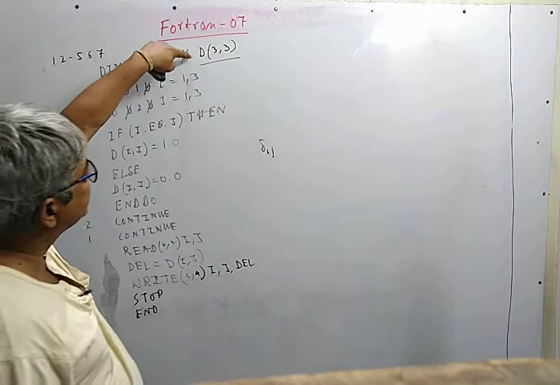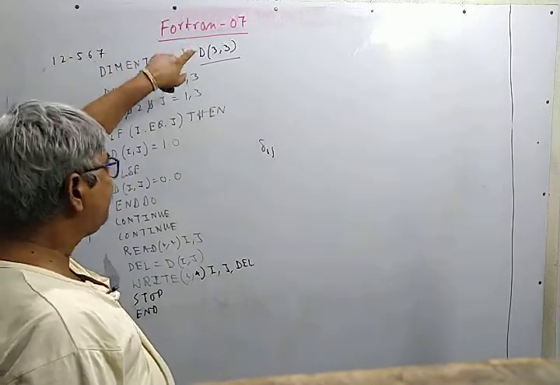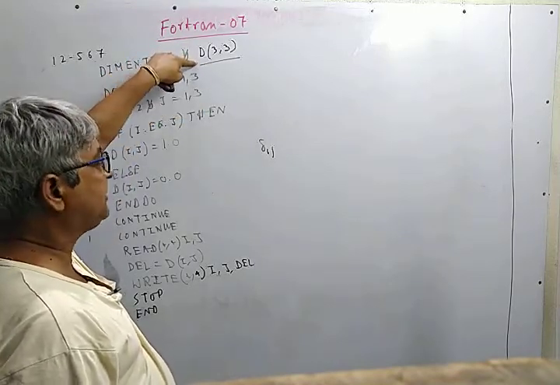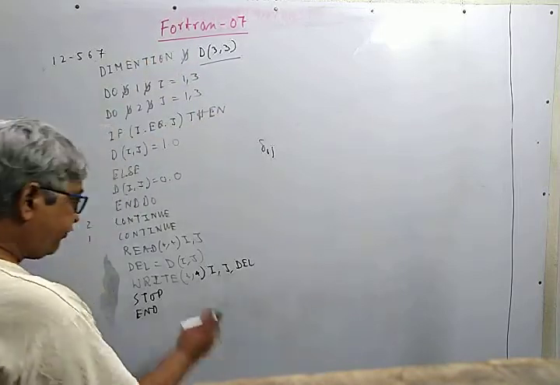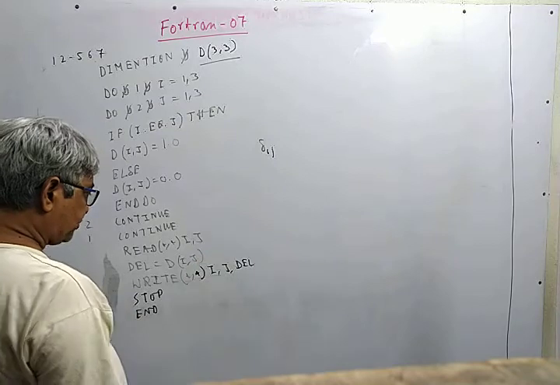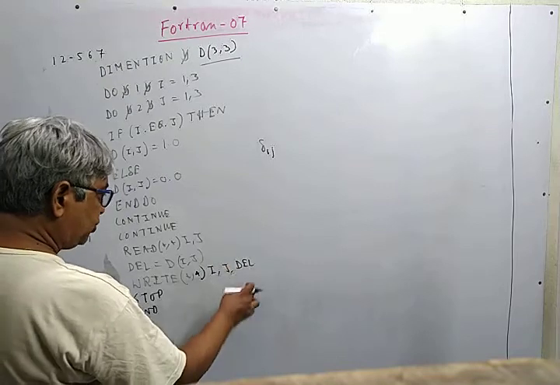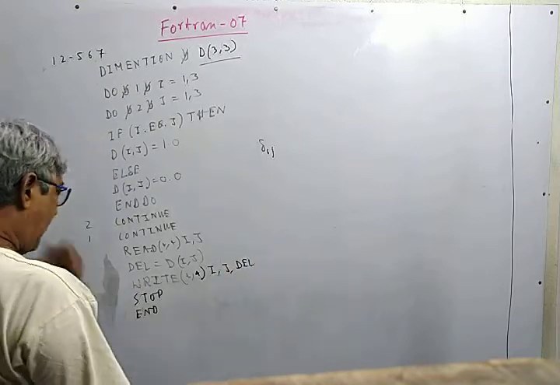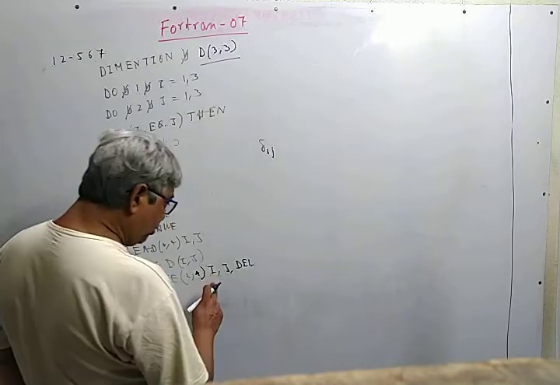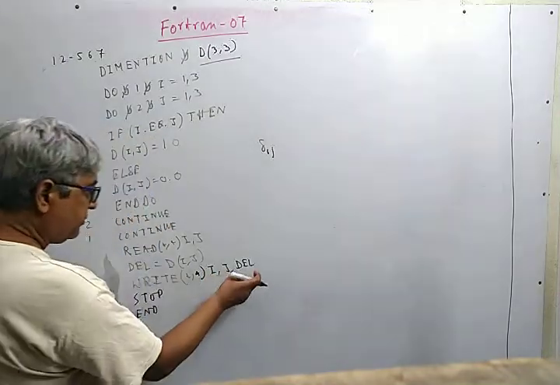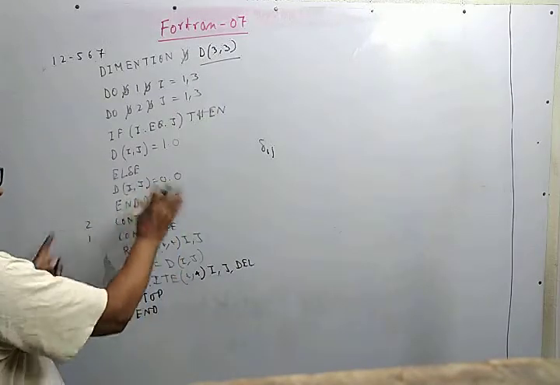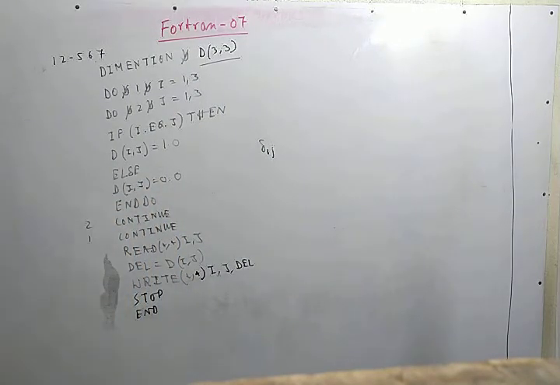And as it has been defined as an array, it preserves all the 9 values of delta. Say if we supply I and j both equal to 2, then the answer will be d(2,2) is equal to 1.0. And if we set I is equal to 2, j is equal to 3, the result will be 0. It calculates the Kronecker delta and preserves it, and whenever you call d(i,j), it will give you back the value.